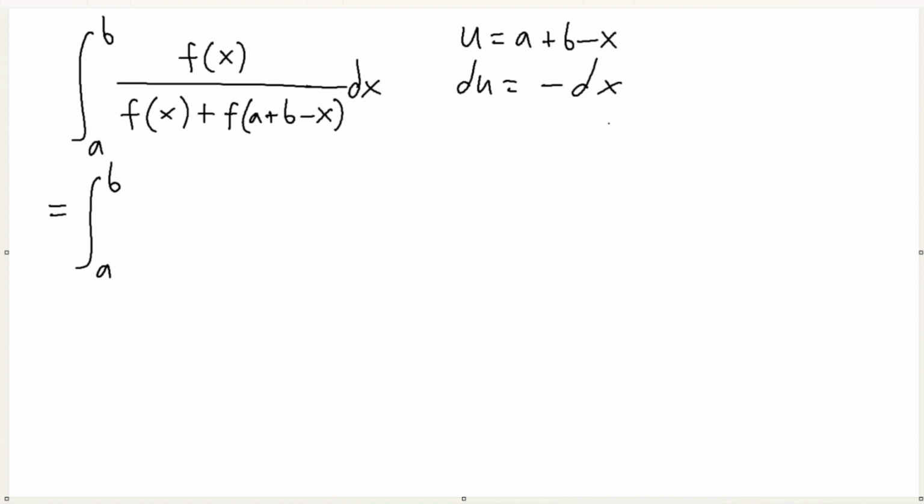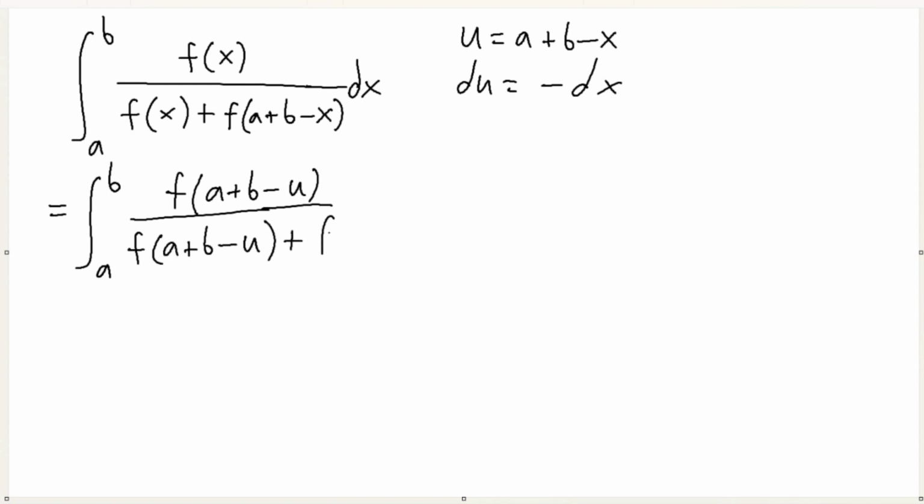The bounds are going to become the same thing pretty much. So as we have that, now x is equal to a plus b minus u, f of u, or I guess I'll go ahead and just format it like this, just for ease. And this is what we had.